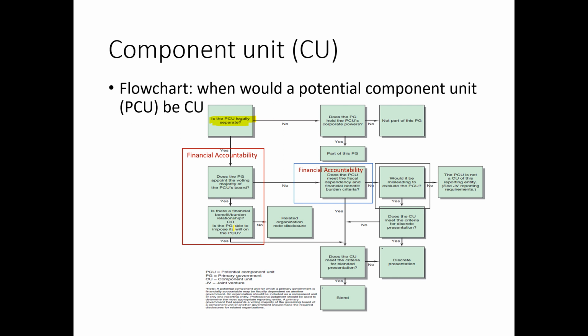If any of the answer is yes, then we say this is a component unit. So this is the first route. We're going to draw the first route right here. So we're going to talk about these criteria in the next slides.